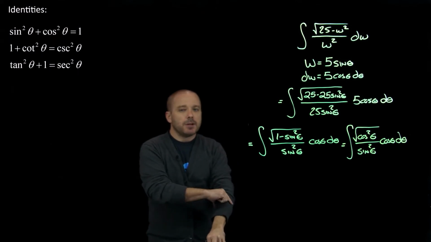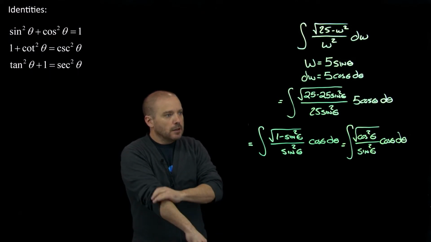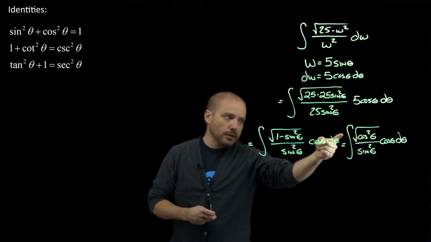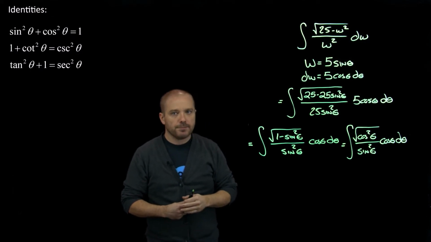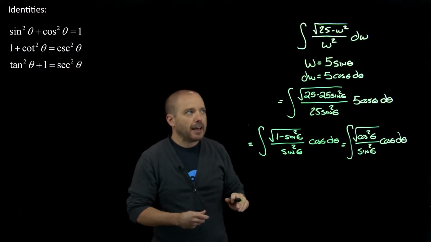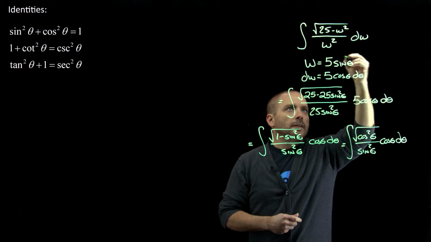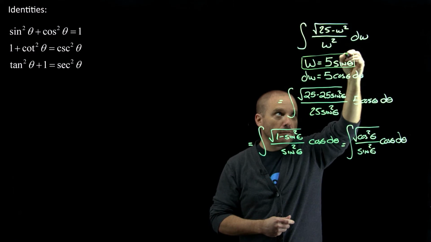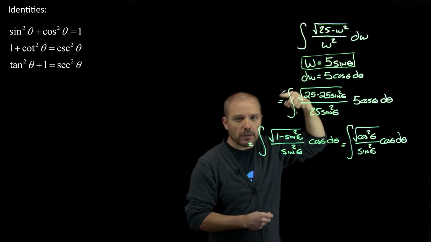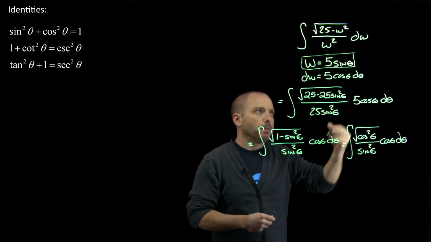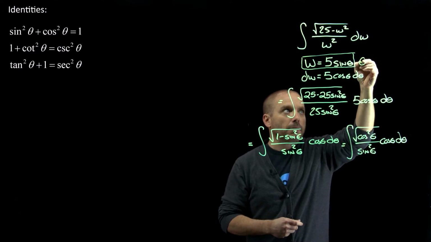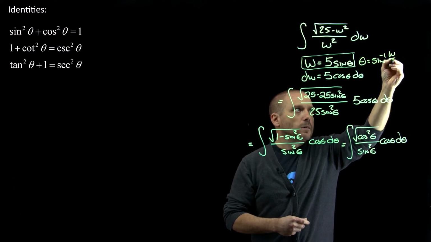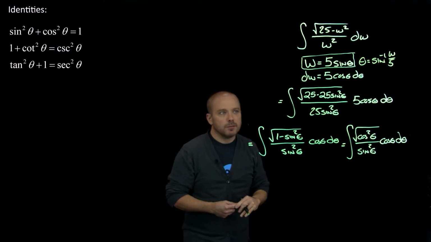And now we have that same issue that we did with tangent. Square root of a square is the absolute value. So really, when we simplify that, it should be the absolute value of cosine. But again, this substitution is hiding the fact of what theta is really being defined as, because it's written in terms of the original variable. So this really means that theta is sine inverse of w over 5.